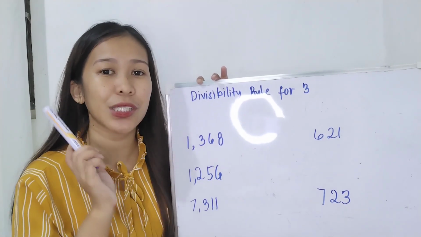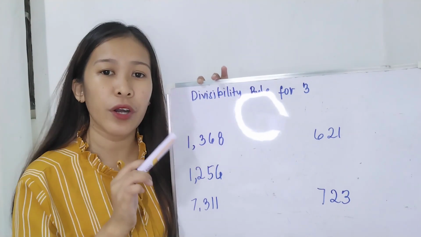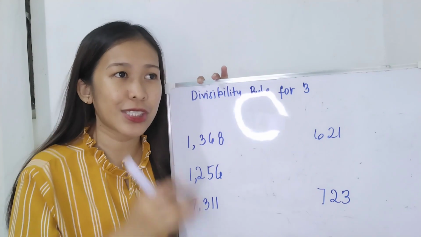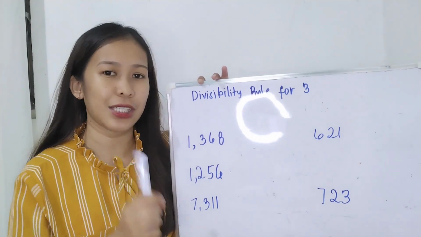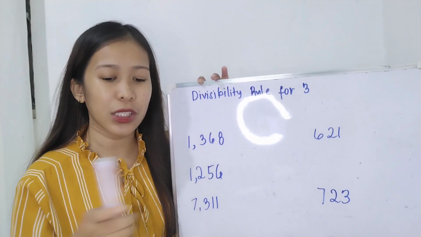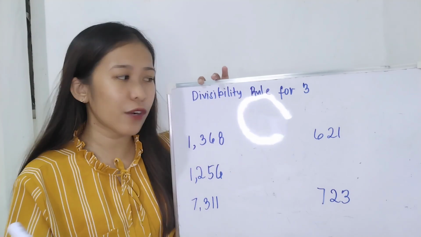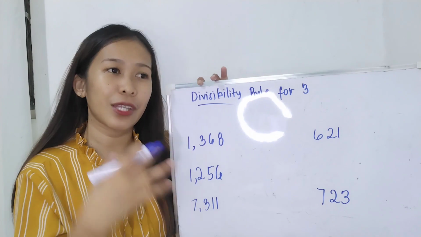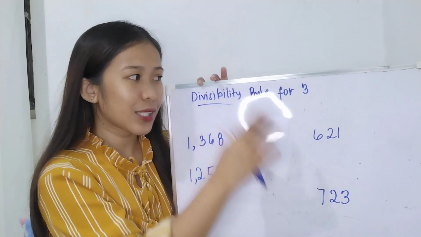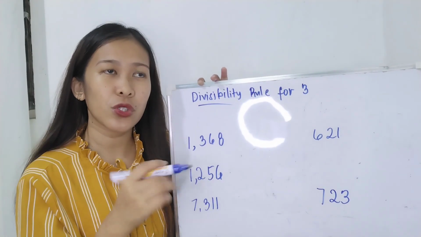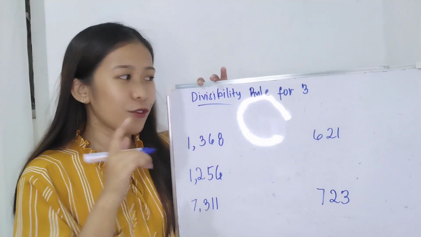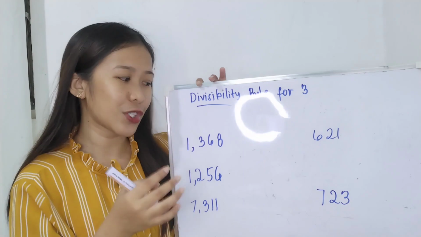You can actually divide that number by 3 without remainder, or saktong madidivide niyo talaga siya sa 3. So that is a divisibility rule. From the word itself, divisibility, we're identifying if a number is divisible by 3. Maraming divisibility rules from 2 to 11 to 12 and so on, pero sabi ko nga kanina, we're going to focus on 3.